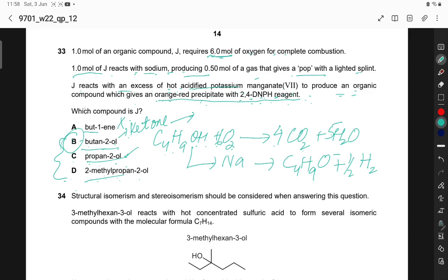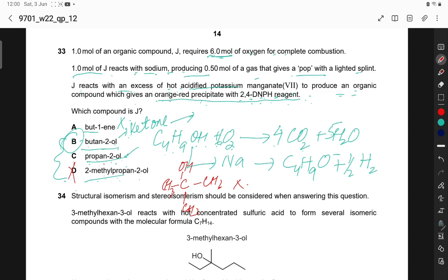Okay. Propan-2-ol. 2-methylpropan-2-ol, OH. So this is a tertiary alcohol, this is not oxidized, so it is incorrect.